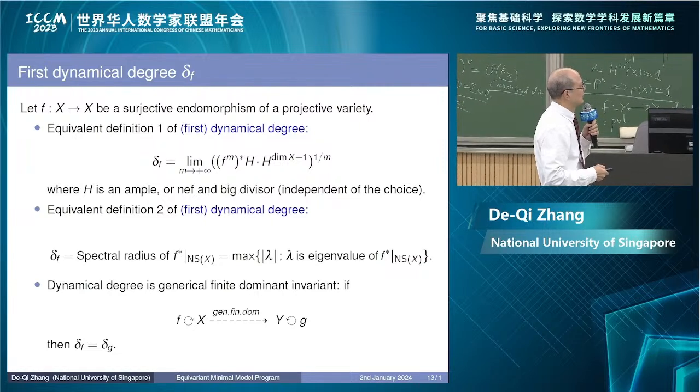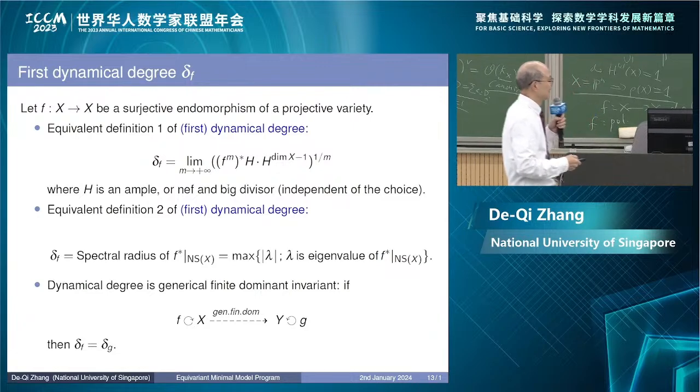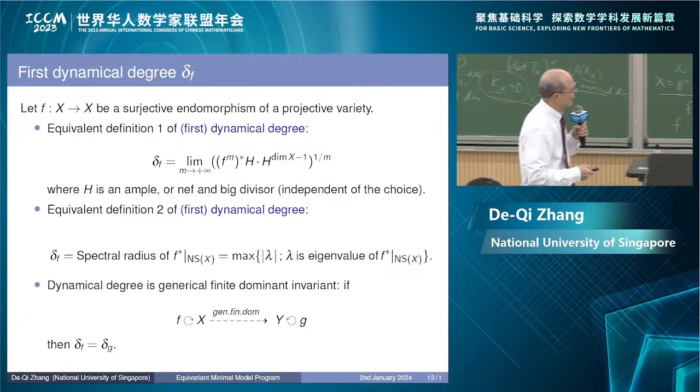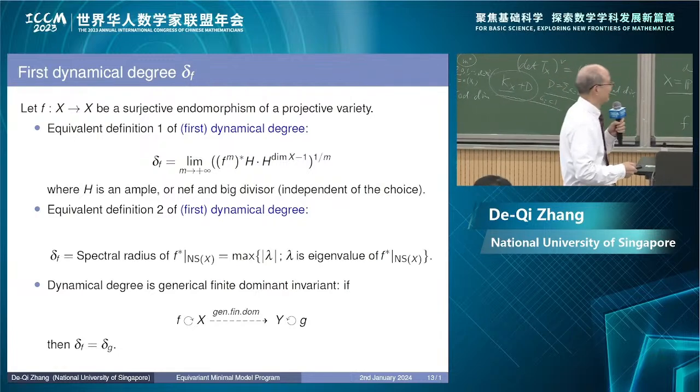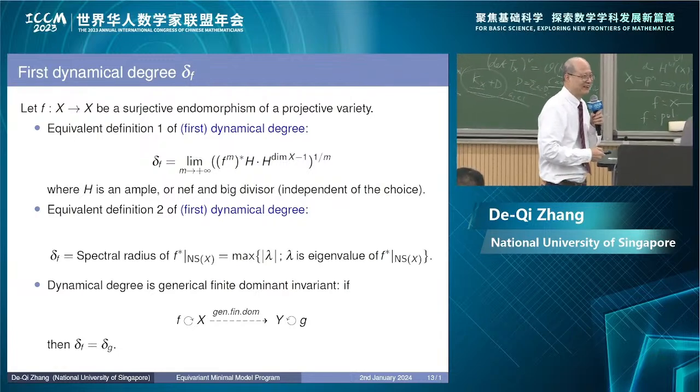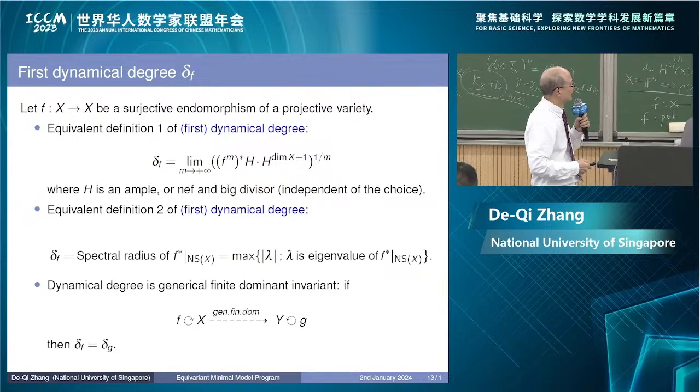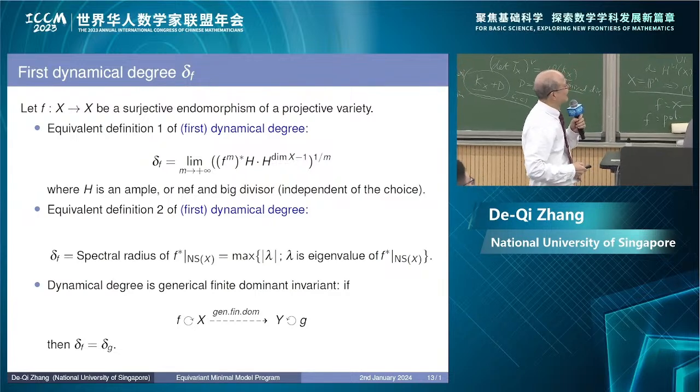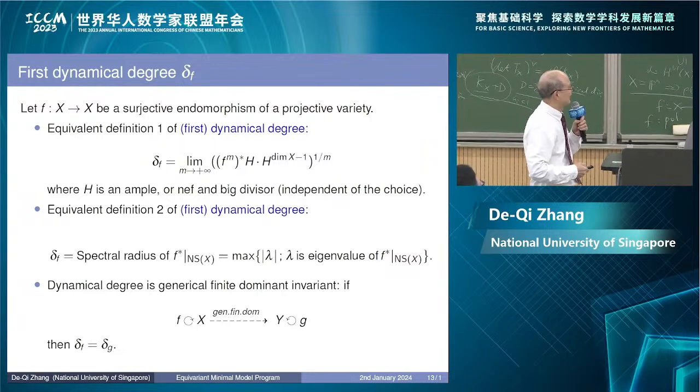The maximum one is called the spectral radius. Actually, I didn't know this notion 10 years ago. I guess in linear algebra books we have this notion. Yeah, when I was a student in Shanghai, I didn't learn this one, sorry. So that's called the spectral radius. And actually, this one is equal to that one. These two are the same.